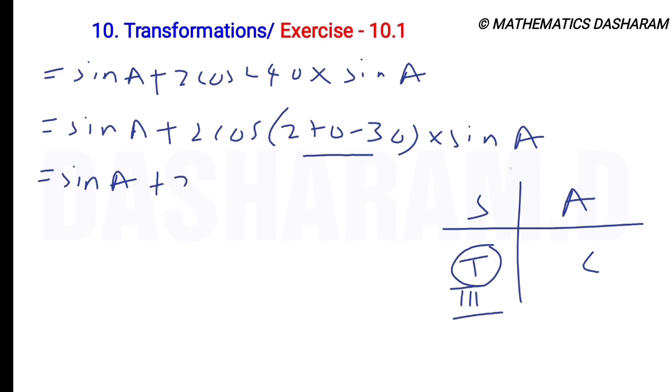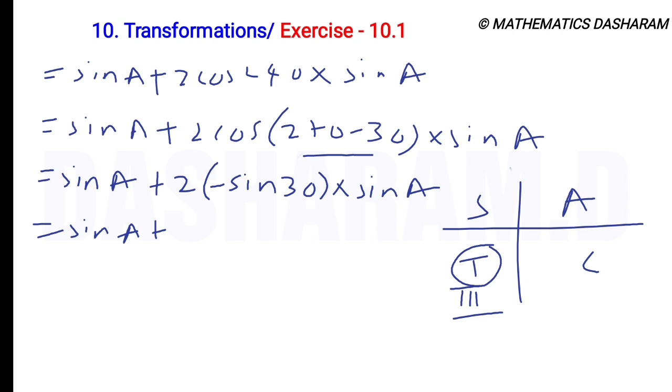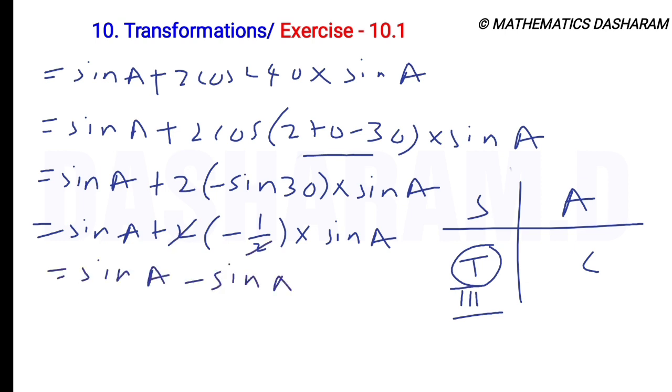So plus 2 into, here minus sin 30 degrees into sin A. So it is equal to sin A plus 2 into minus sin 30, which is minus 1 by 2, into sin A. Here the 2 cancels, so sin A, here minus sin A. So sin A minus sin A equals 0. So it is equal to RHS, so hence proved.